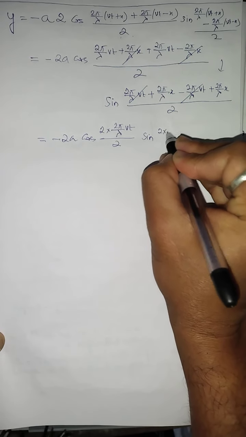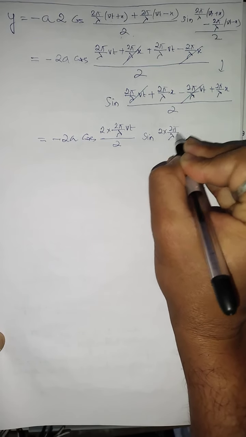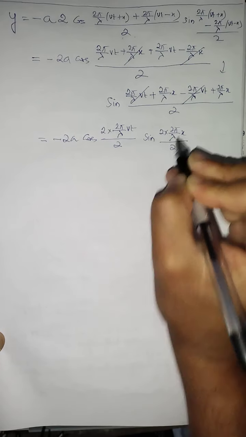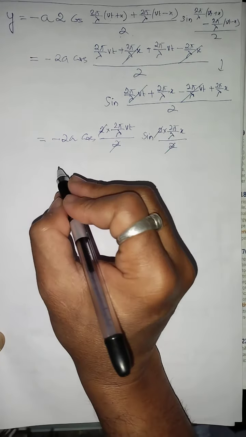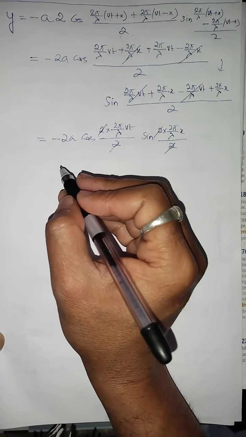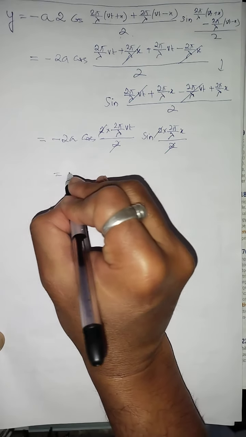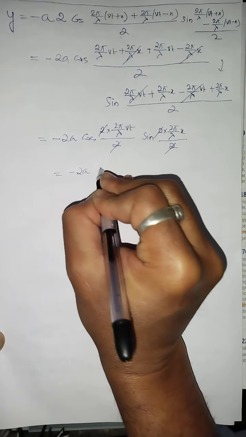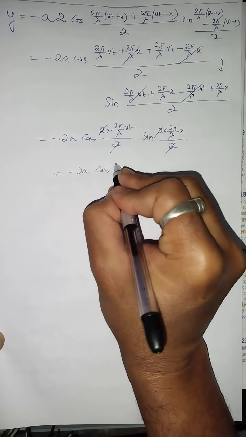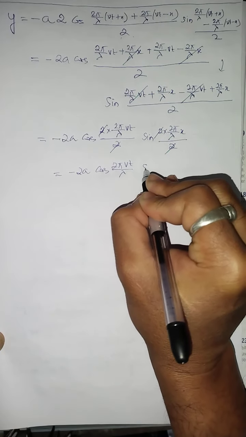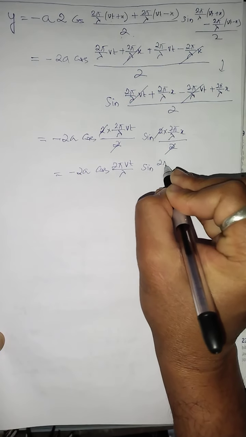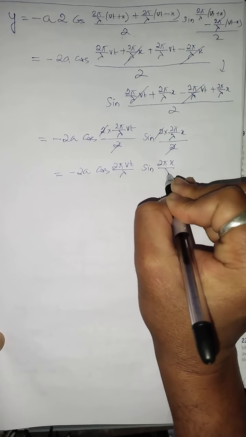So I write 2 into 2 pi by lambda into x by 2. Now this 2 and 2 cancel out, this 2 also cancels out. So now we are getting the expression as minus 2a cos 2 pi bt by lambda and sin 2 pi x by lambda.